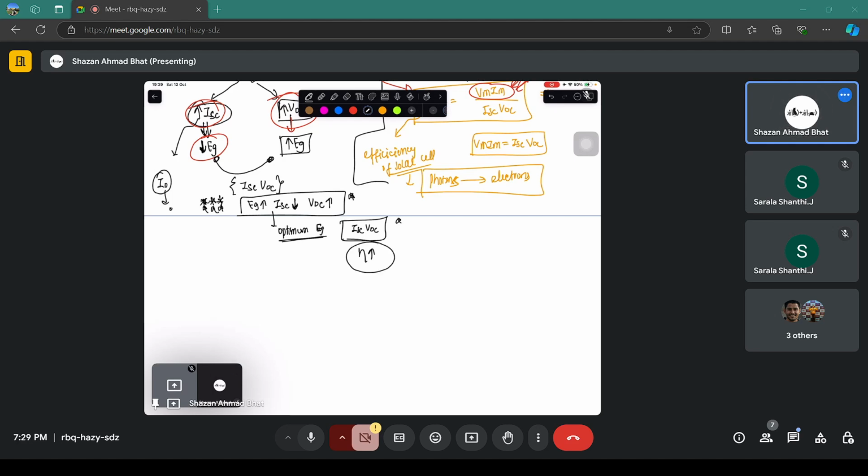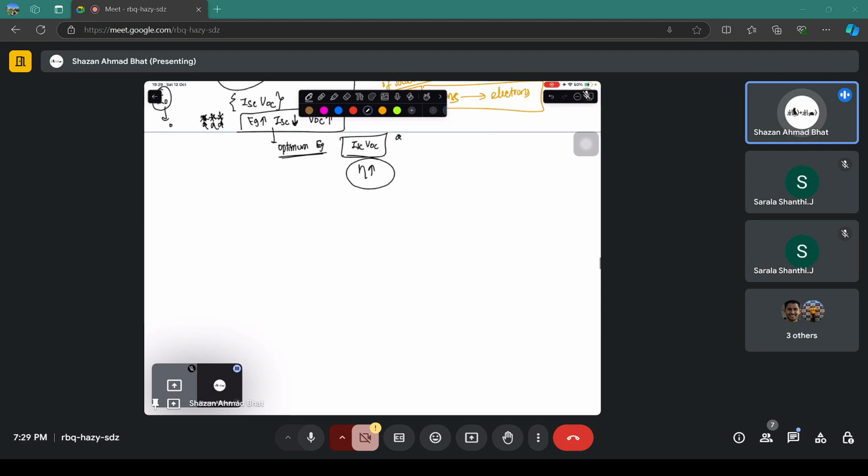Okay, so that means if you have a material in which the energy gap is high, then it can reduce the short circuit current, but it will give you the higher VOC.